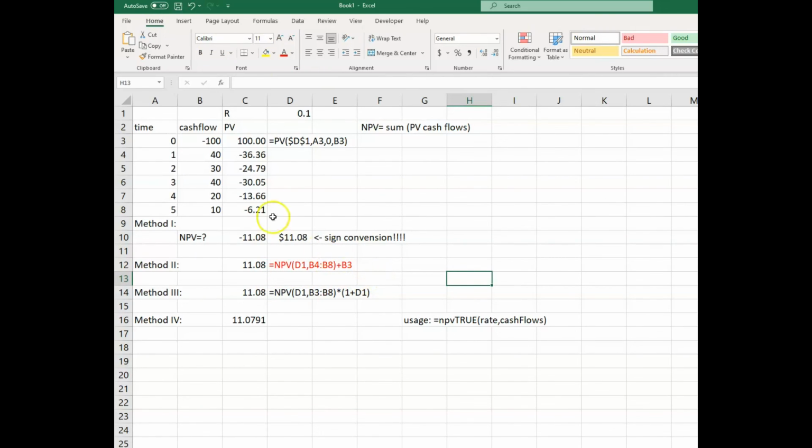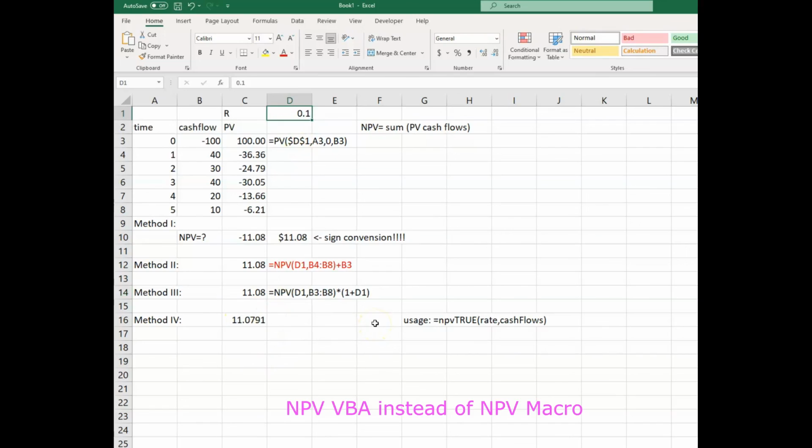However, we cannot include the initial cash flow. We apply it to the future cash flows first, then add back the present value. For method 3, we apply it to all the cash flows, including the initial cash flow, but our final result is multiplied by 1 plus R, where D1 is R. The last method is simply applying the NPV macro I wrote. So that's it.